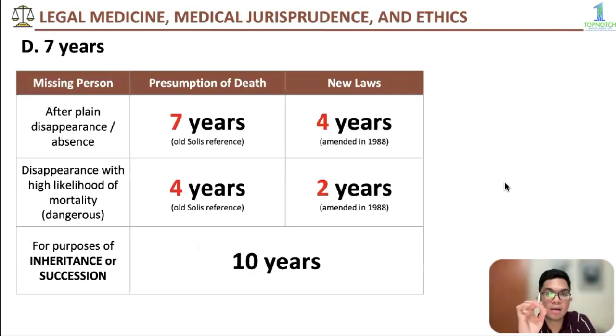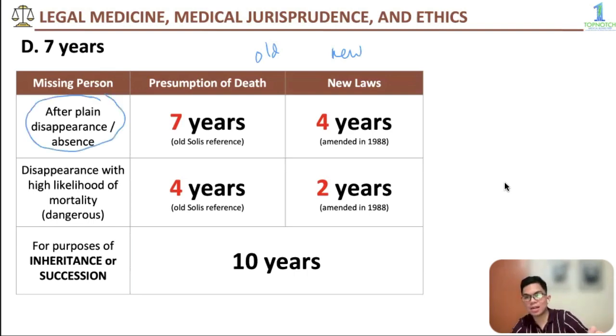So, again, I think nasabi naman to sa inyo na sa PLE, especially sa legal medicine, it can be based on the old laws or the new laws already. So let's just discuss everything, no? Para covered tayo on all bases. So after plain disappearance or absence, kung nawala lang bigla sa lupa and hindi na mahanap, 7 years before one is presumed dead. Okay?